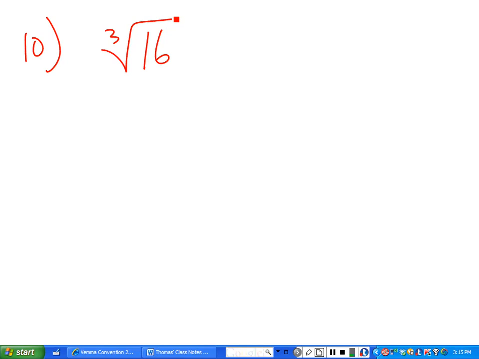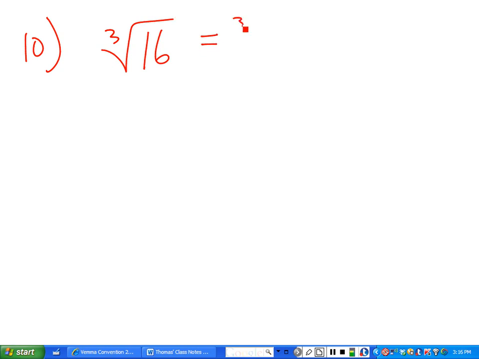So now you have to switch your thinking to perfect cubes, and you need to refer back to your perfect cubes list. What perfect cube is a factor of 16? A lot of people say 4, but 4 is not a perfect cube. It's a perfect square. So again, switch your thinking to perfect cubes.